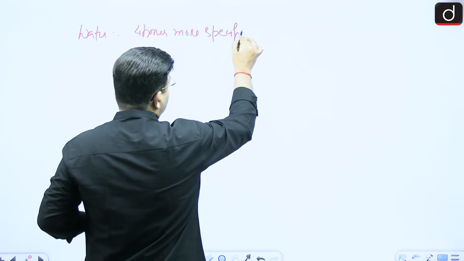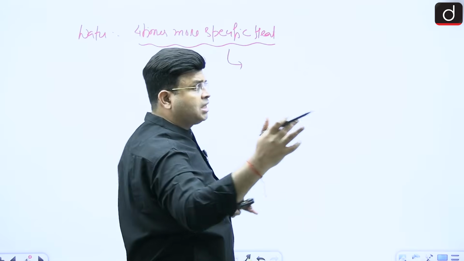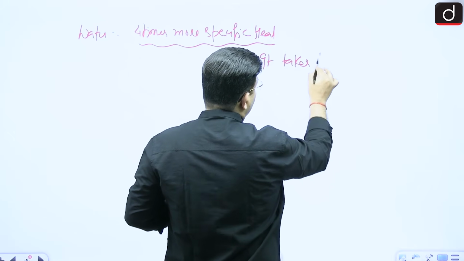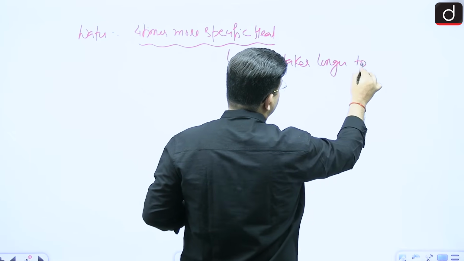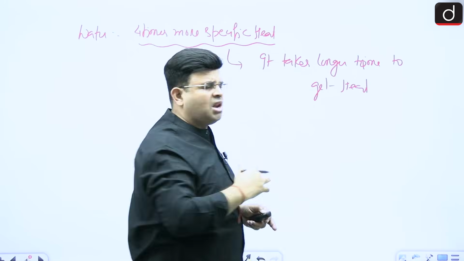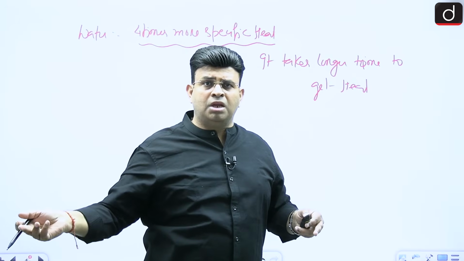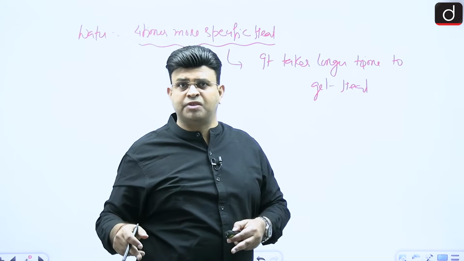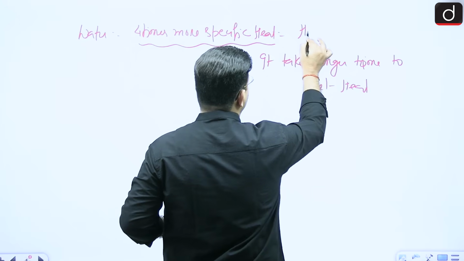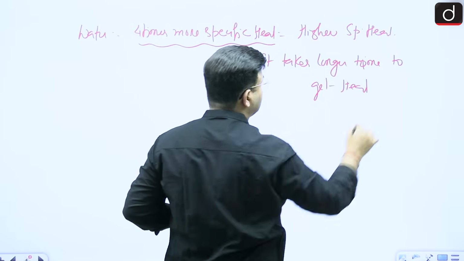And if it has a higher specific heat, it takes longer time to heat up. Yes or not? So it takes a large time, means 1 hour, 2 hour, 3 hour, 4 hour. But the land in 1 hour will heat up, because its specific heat is low. So any substance with higher specific heat takes longer time to heat up.